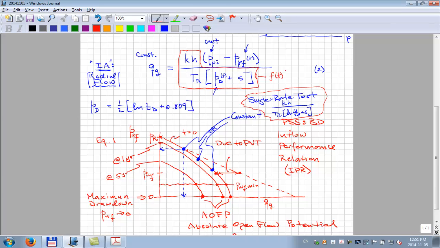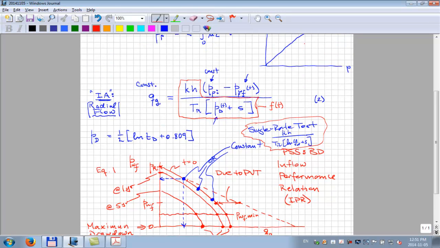So if you put the well on production and you look at the bottom hole flowing pressure, it doesn't become constant. It is changing continuously as a function of time. So that's a problem. It looks like the well's PI, or constant, is changing with time.